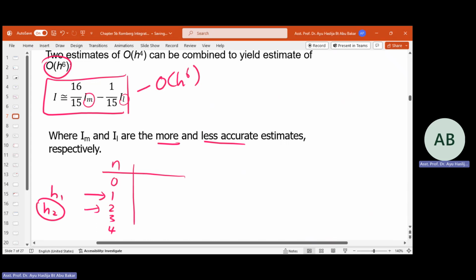Then it will be more accurate and closer to the true value. Here you have your I1, I2. So I2 is closer to the true value. So I2 over here will be your I_M. I_L over here will be I1, the previous one.